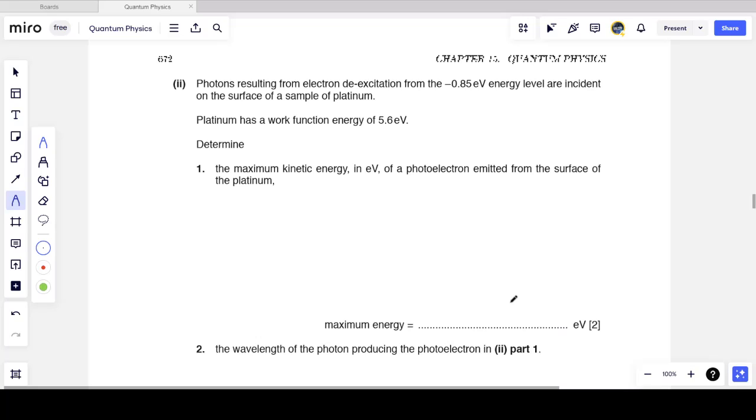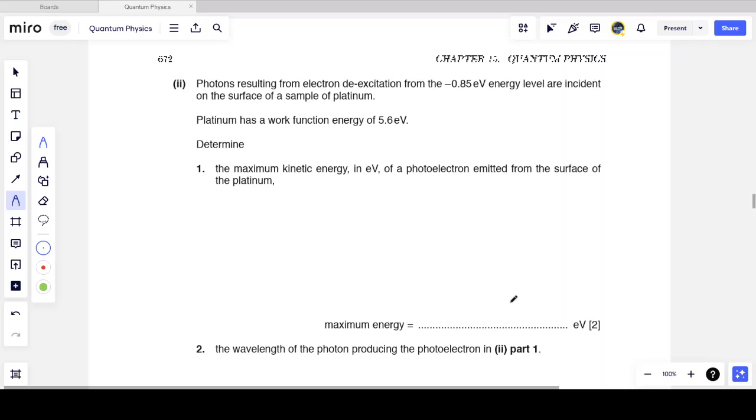We are told then that photons resulting from electron de-excitation from the minus 0.85 energy level are incident on the surface of a sample of platinum. And platinum has a work function of 5.6 electron volts.